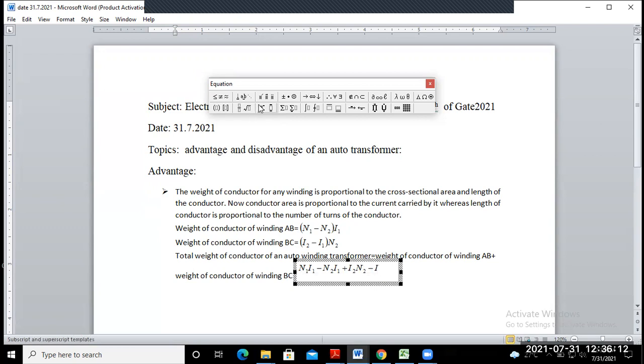So one term is cancelled out from here. That means N1 I1 minus N2 I1 plus I2 N2 minus I1 N2.